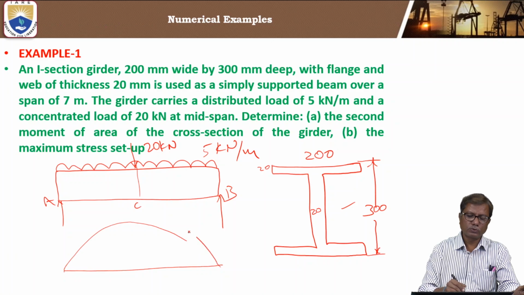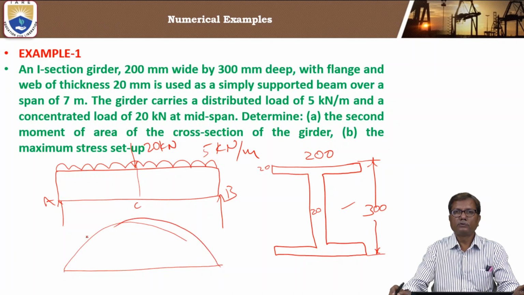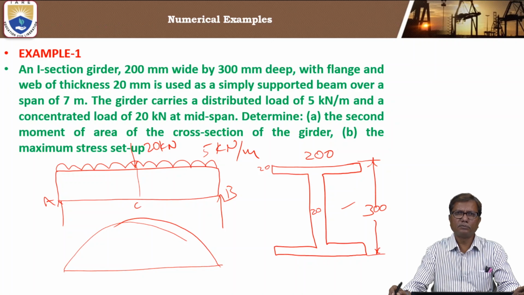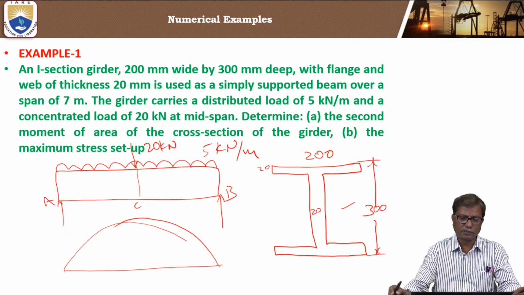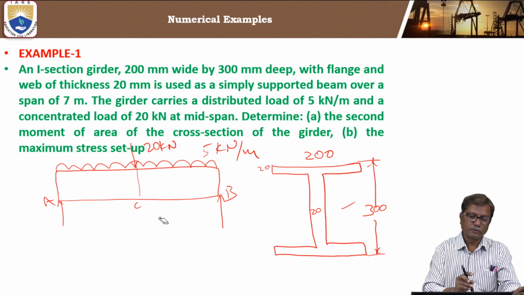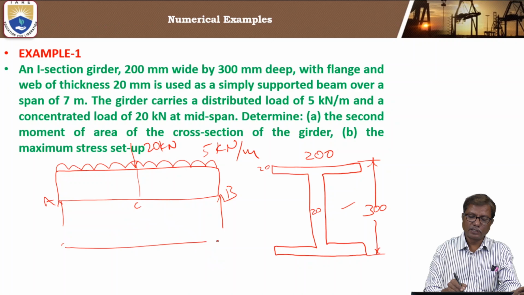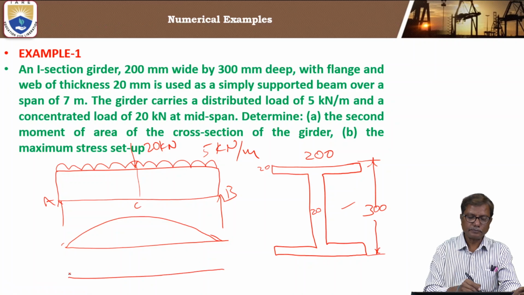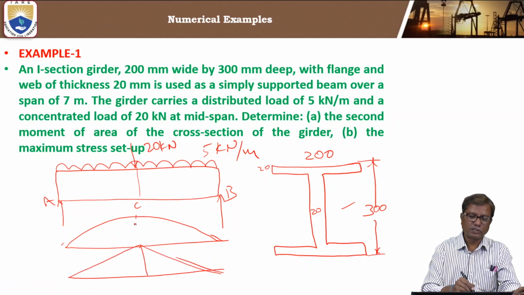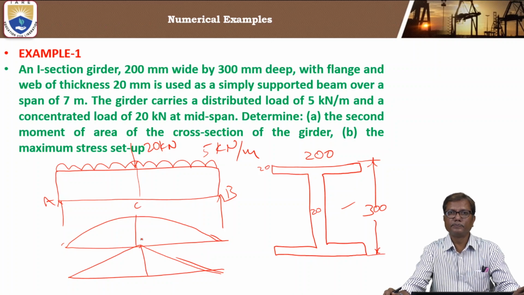Due to the uniformly distributed load, the bending moment diagram will be a parabola, and due to the point load, the bending moment diagram will be a triangle, with the maximum ordinate at midspan.